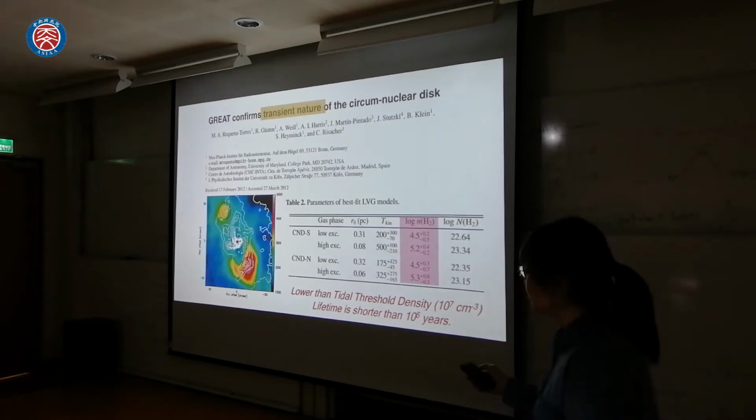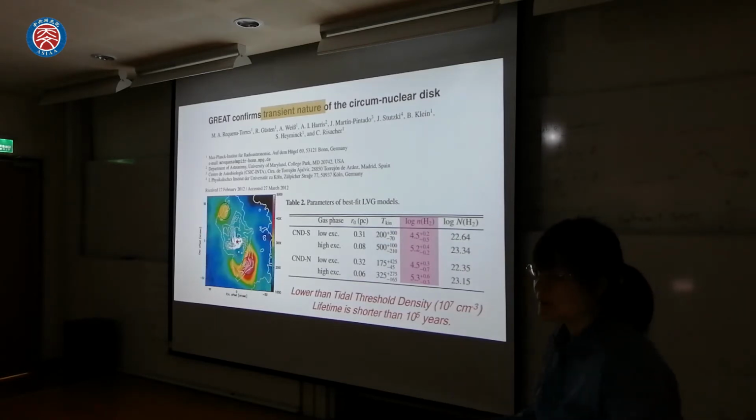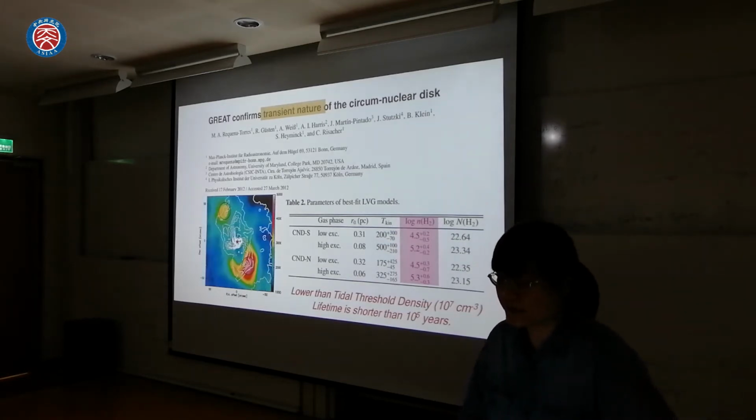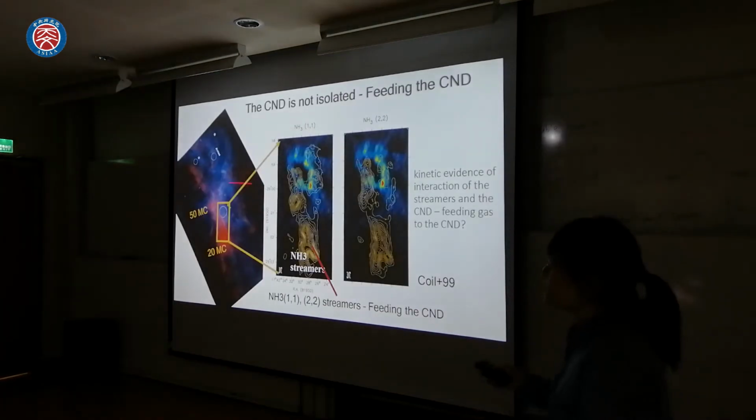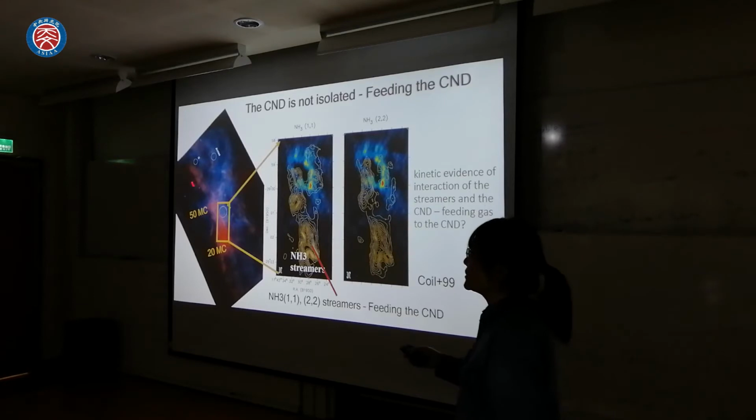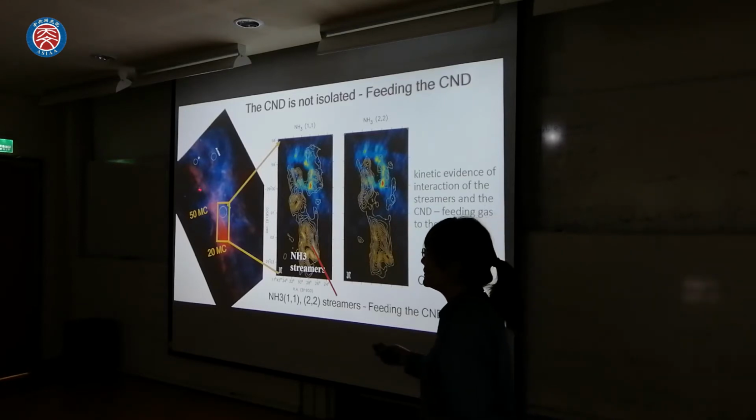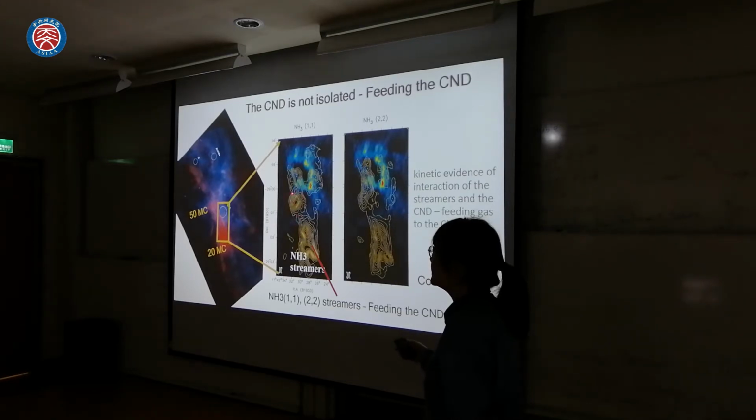But this is a single dish observation, so they are probably looking at different structures, and we will go back to this later. Even though the tidal force is so strong that it makes the CND short-lived, we have learned that the CND is not isolated, but connected with the nearby clouds. There are a few streamers shown by the yellow contours.